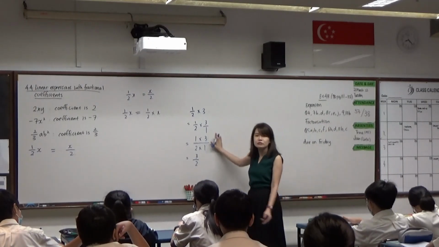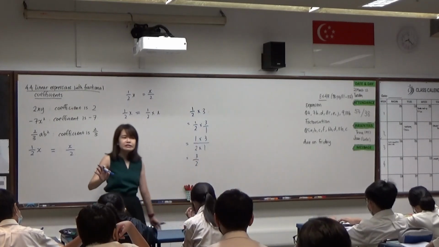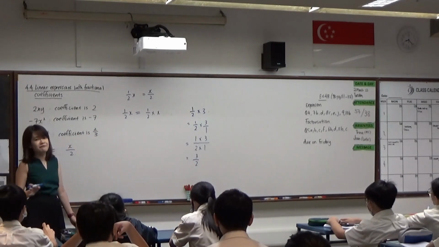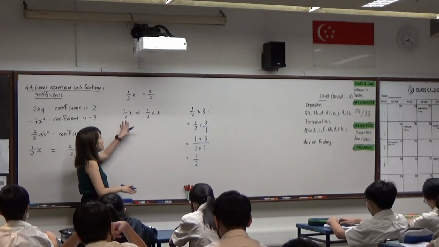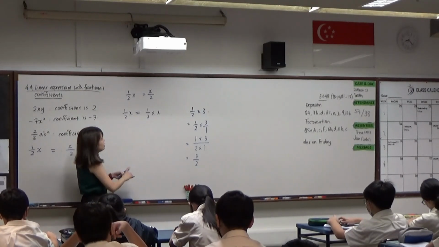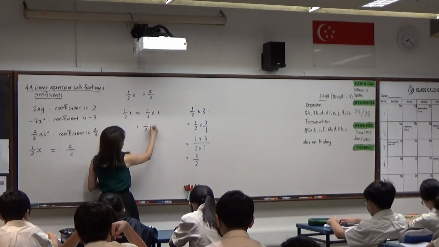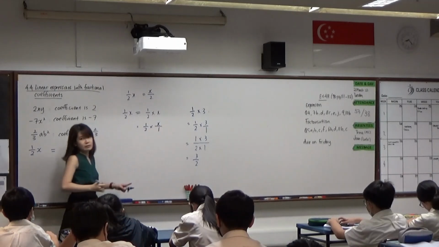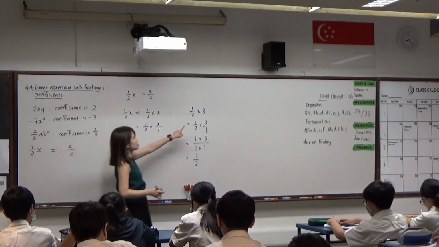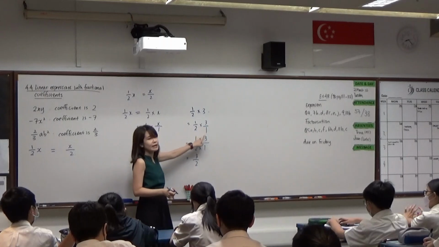So drawing reference to how we deal with numbers, it shouldn't differ how we deal with algebraic variables. So half x, being half times x, is the same as half times x over 1, just like how I transform the 3 into 3 over 1.